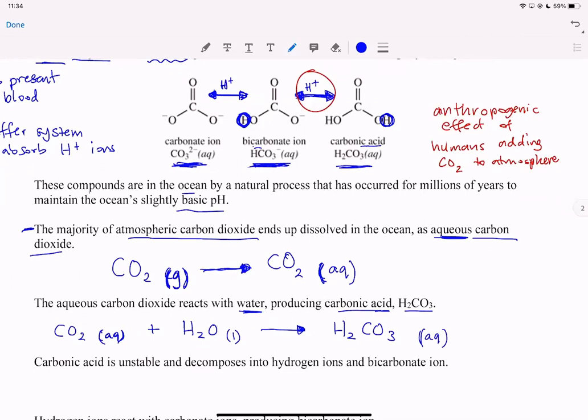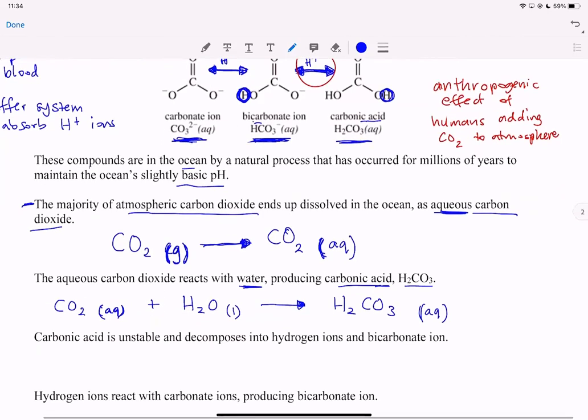This word equation is already balanced: the number of carbons on both sides, the number of oxygens on both sides adds up to 3, and the number of hydrogens on both sides is 2. We know carbonic acid is unstable and it decomposes into hydrogen ions and bicarbonate ions. Carbonic acid is actually a weak acid.